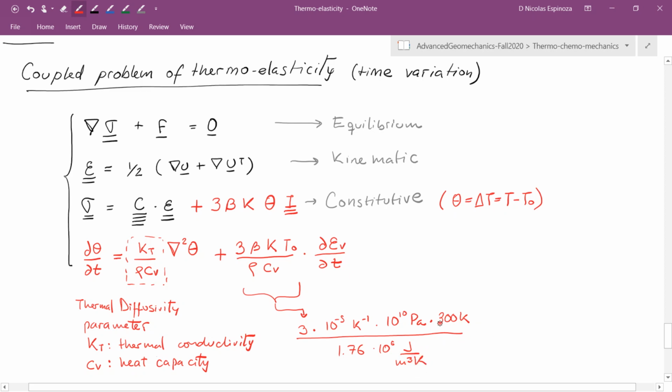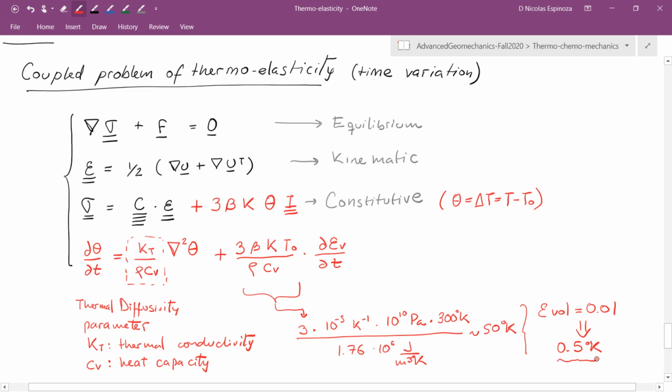So if we make this product and divide it by this number, you would obtain that all of these parameters is about 50 degrees Kelvin, which means that, for example, if you were to apply a change in volumetric strain of, let's say, a typical value of 1%, then the product of this number times the volumetric strain will give you more or less a change of temperature of 0.5 degrees Kelvin.